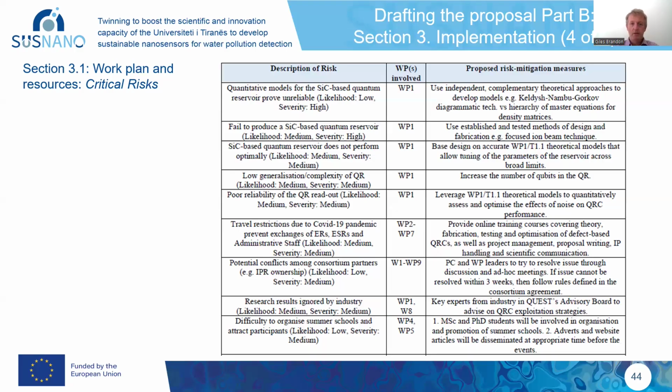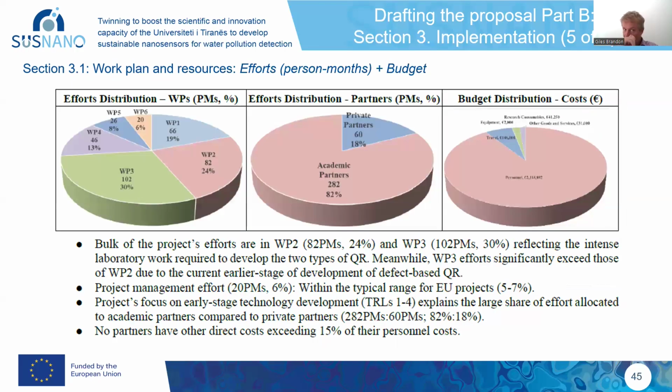If you do this kind of table for any kind of research and innovation action or innovation action, and even, sorry, I should add, you have to do it for coordination support actions, this will go down well. And as I say, make sure that you have at least 2 critical risks for each work package. If you do that, you should be on fairly safe ground.